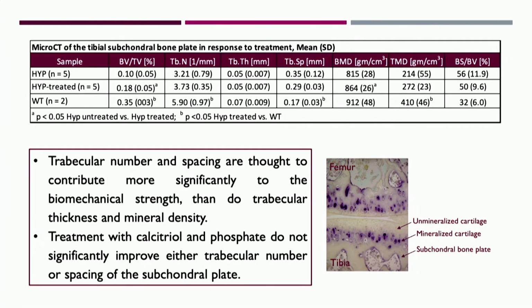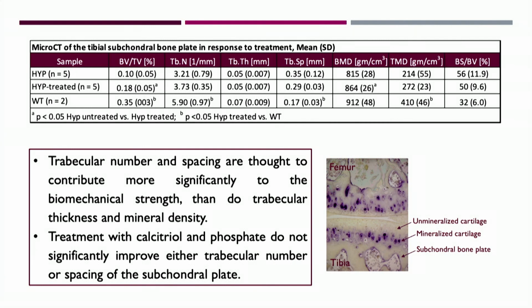And you can see we even reach numbers up in the upper limit that are more physiological relative to the wild-type mice. The last point I want to make is we also did micro-CT, and we know from other publications and in our own hands that the osteomalacia in Hyp mice is not very sensitive to calcitriol and phosphate. And in fact, we saw very poor responses to treatment in many of the parameters. But particularly, trabecular number and spacing are thought to contribute more significantly to biomechanical strength than do trabecular thickness and density.